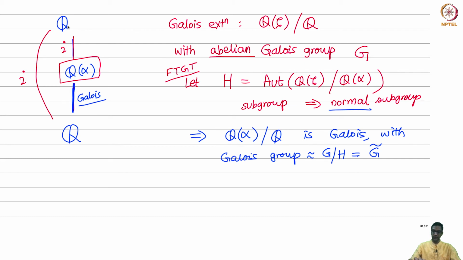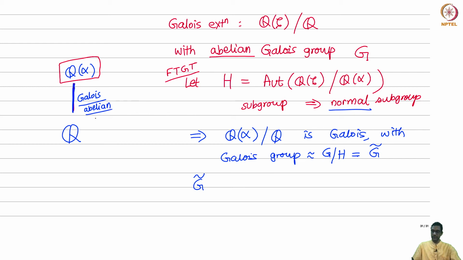We can now forget about the cyclotomic extension. We really only wanted to get something about Q alpha over Q. We have concluded it's a Galois extension. Its Galois group is an abelian group, so G tilde is also abelian. So this is Galois with an abelian Galois group.